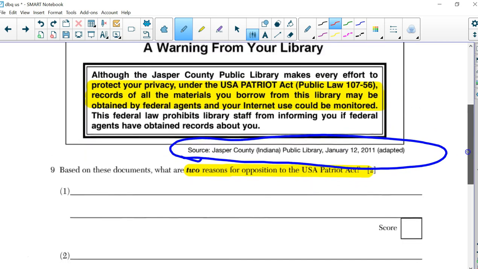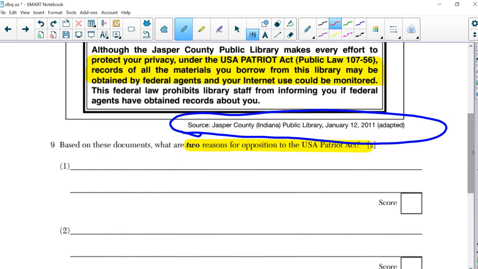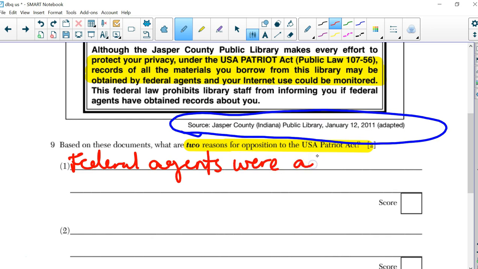I would say one of them is, how about we use this one? Okay, we'll use both of our federal agents. You know what? I don't like the way I'm writing that.